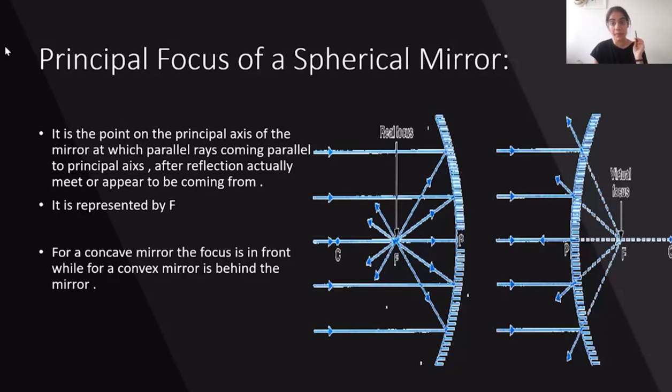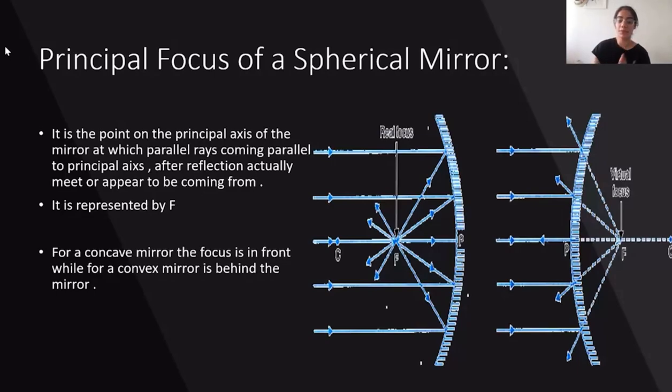Either after reflection they actually meet at a point, or they appear to be coming from a point. The two diagrams showing how it happens in reality have been represented in front of you.